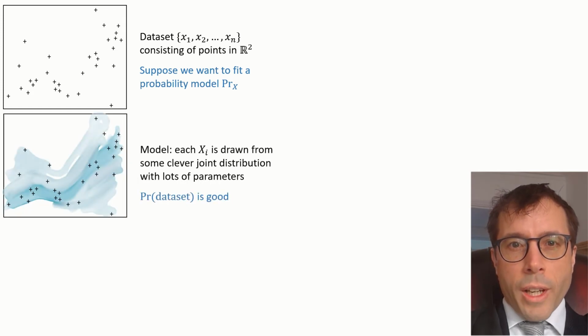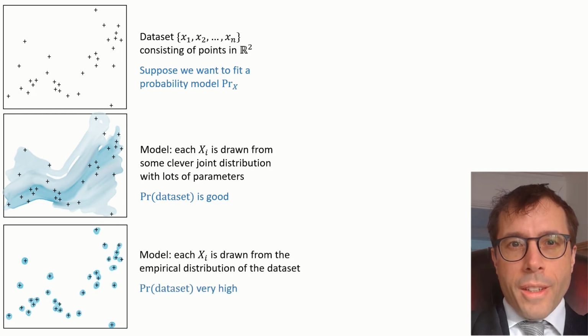And so we get cleverer, and we invent some wacky and wonderful function with lots of parameters, probably using a neural network, and this function puts lots of probability mass in areas where there are data points and very little elsewhere. And so according to this probability model, the likelihood of the entire dataset is high. And then a big brain person comes along and tells us, you should use the empirical distribution of the dataset as your model.